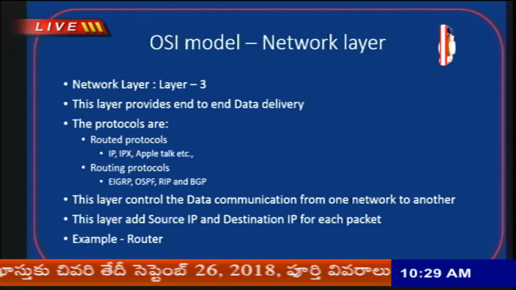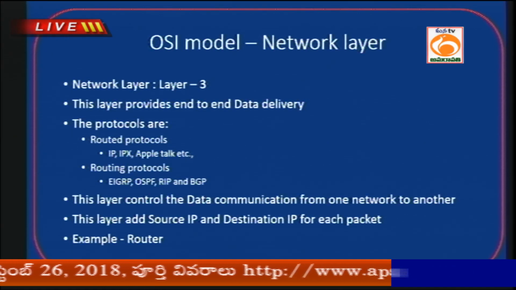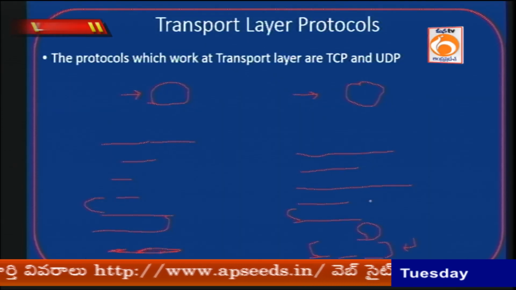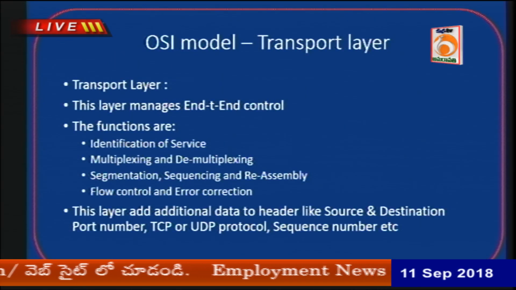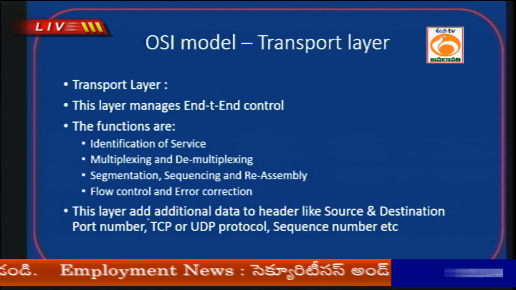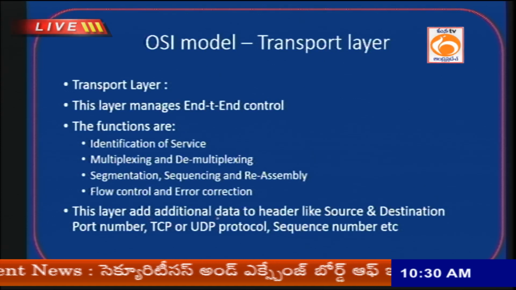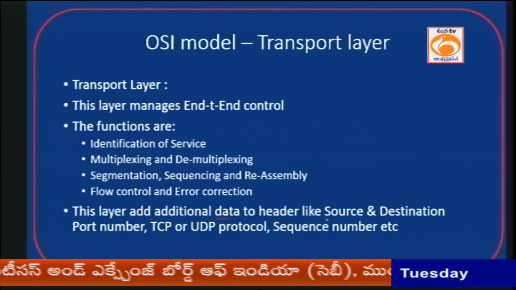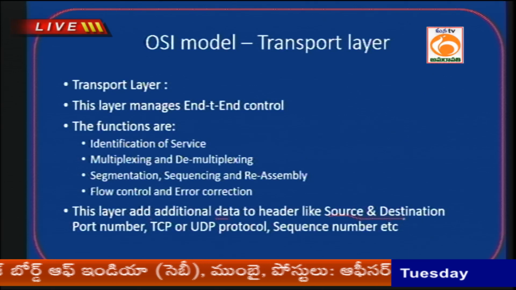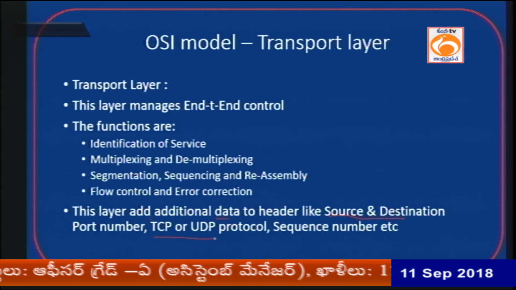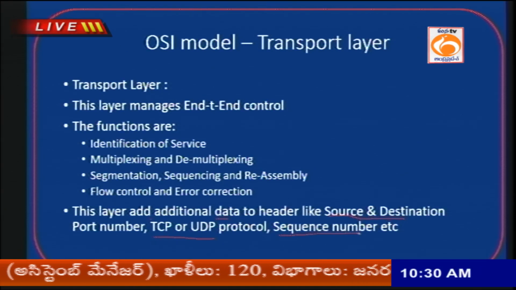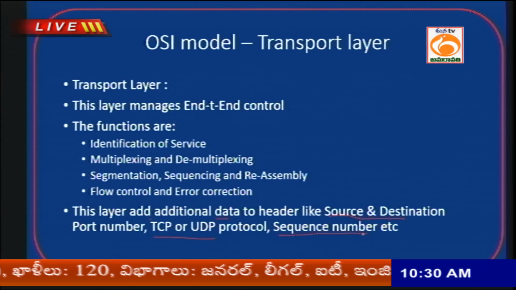Before we move to the network layer, let us quickly look at the functions performed by the transport layer. This layer will add additional data to the header. For example, the source and destination port numbers are added, the type of protocol, whether it is TCP or UDP, is added, and the sequence number is also added as additional information.